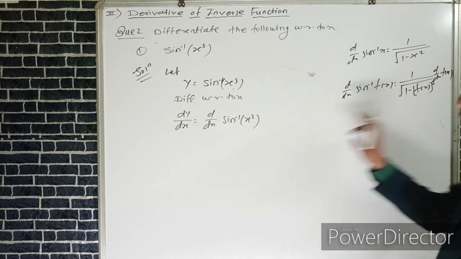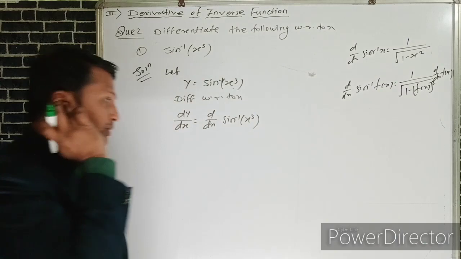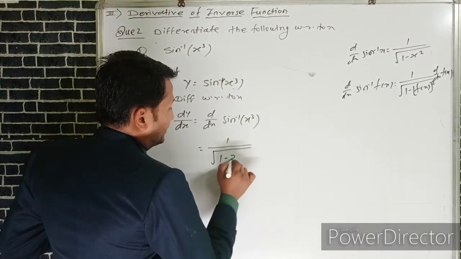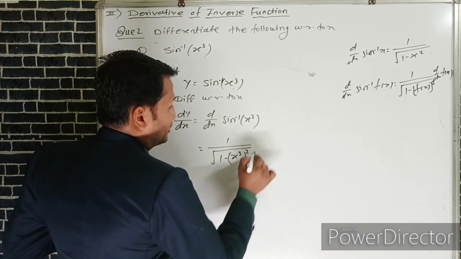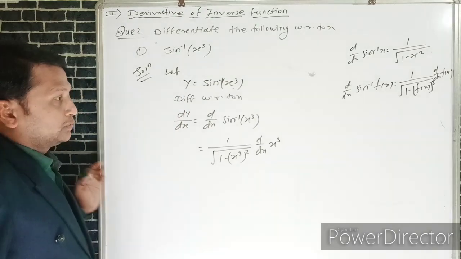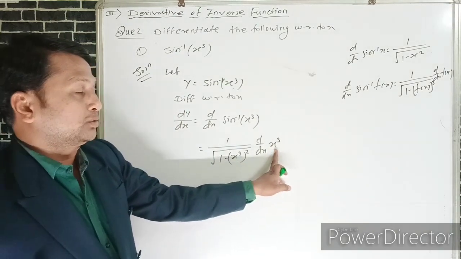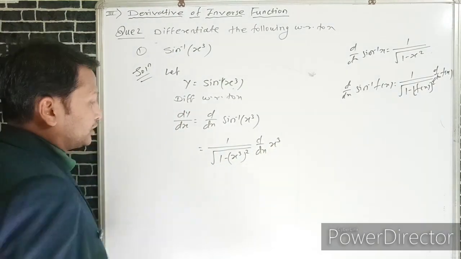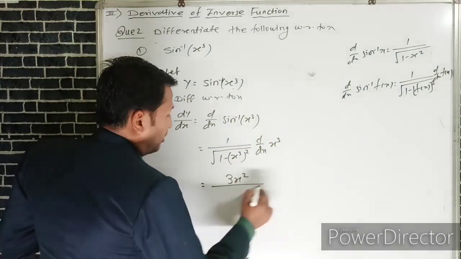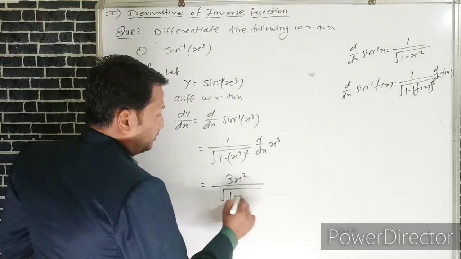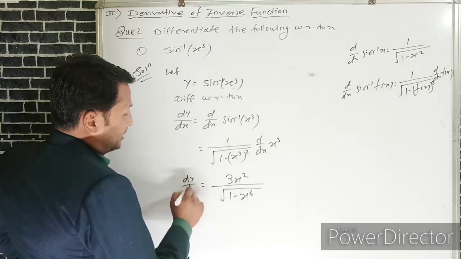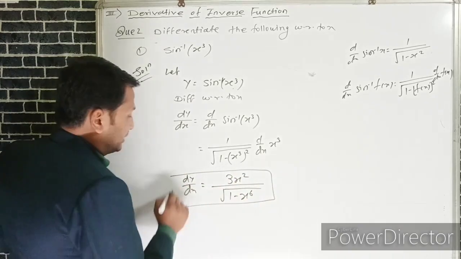By applying this rule, we can write the derivative of sin inverse of x cube as 1 upon under root of 1 minus x cube whole bracket square, into again the derivative of x cube. If you know the derivative of x raised to the power n is equal to n into x raised to the power n minus 1, then we can write the derivative of x cube as 3x square. So we get 3x square upon under root of 1 minus x raised to the power 6, which is the required derivative dy upon dx. Write down.